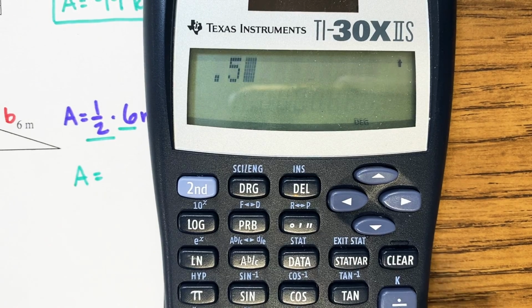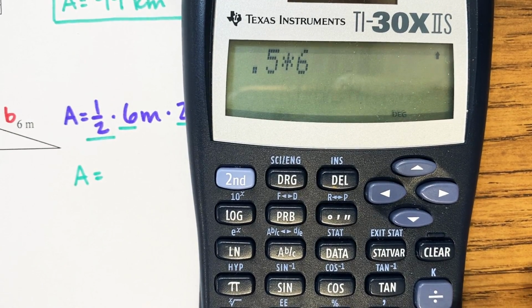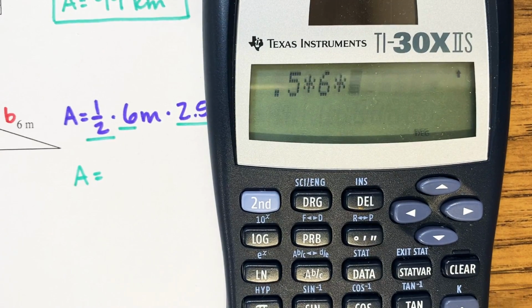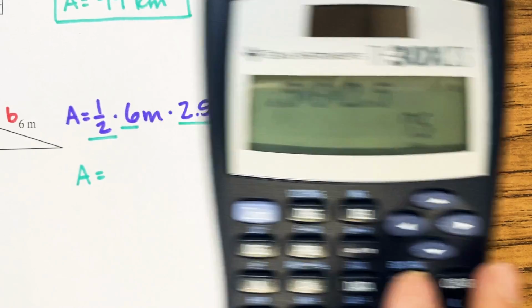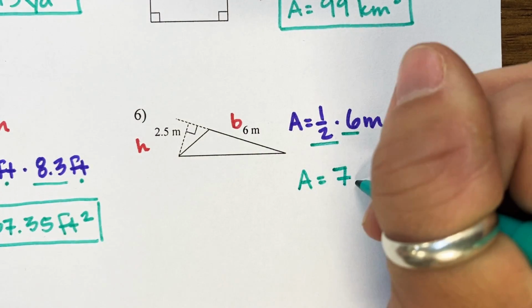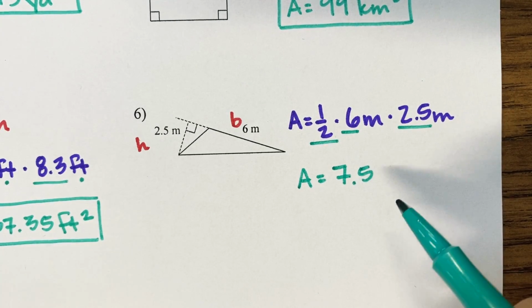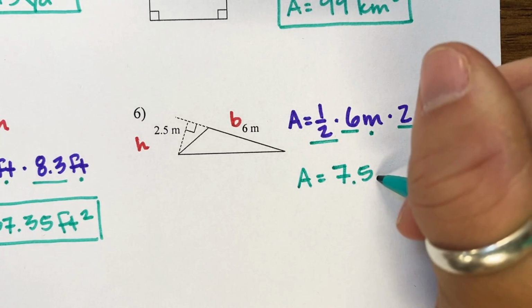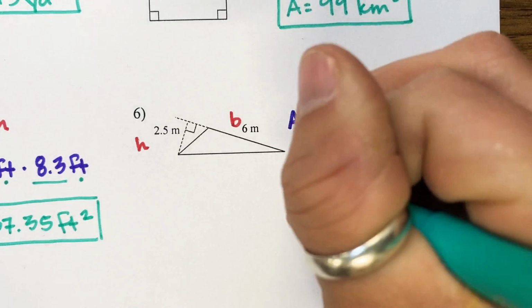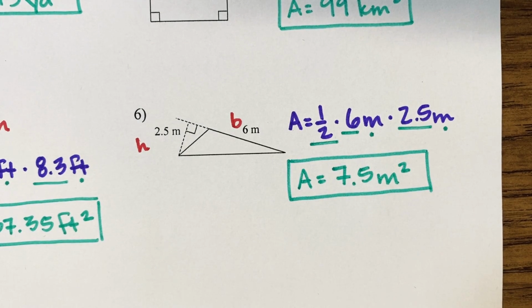So I have 1/2 or 0.5 times 6 times 2.5. And I get 7.5. So the area of this triangle is 7.5 what? What are my units? I multiplied meters times meters, so I get meters squared. And there we go.